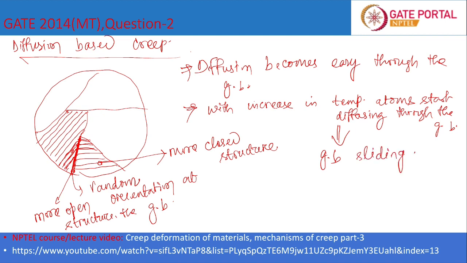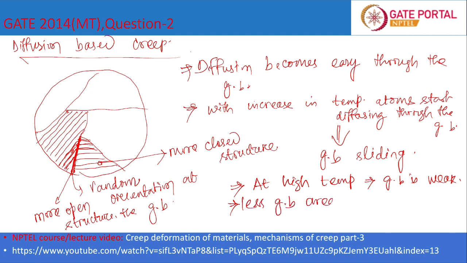So the strength of the material decreases at high temperatures if we have more grain boundaries. That's why at high temperature the grain boundary is weak. So the less the grain boundary area, the more the strength of the material. Less grain boundary area means more strength at high temperature.